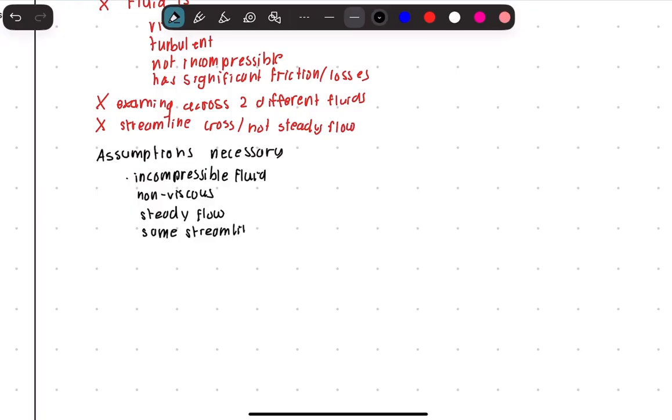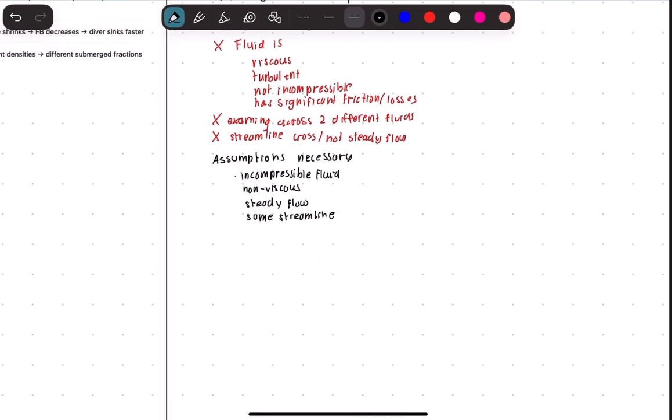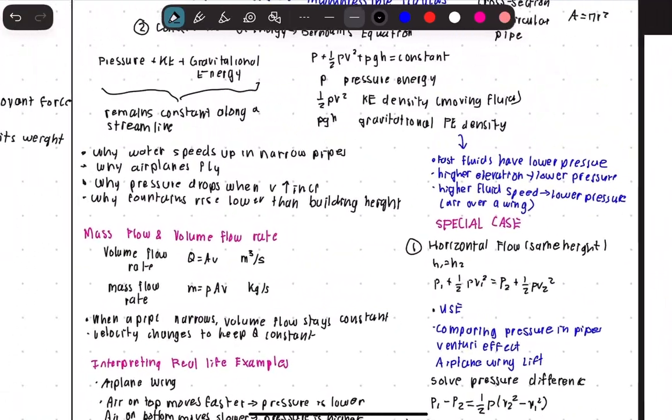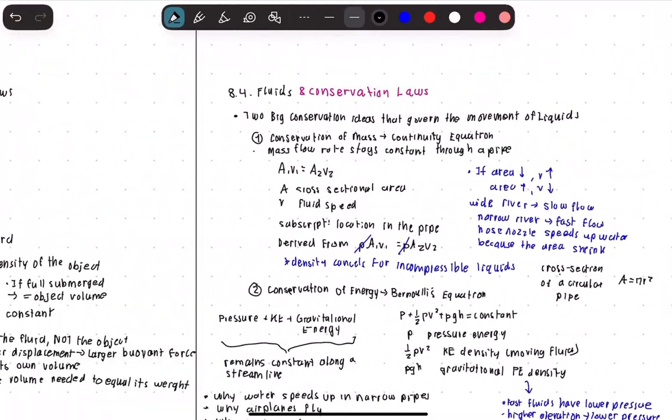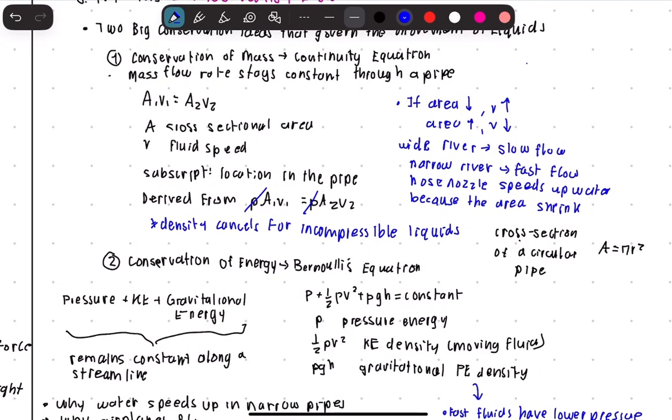So, let's write about when you use the following. You use continuity when you have pipes, hoses, and rivers.